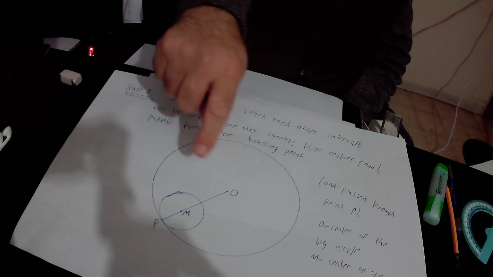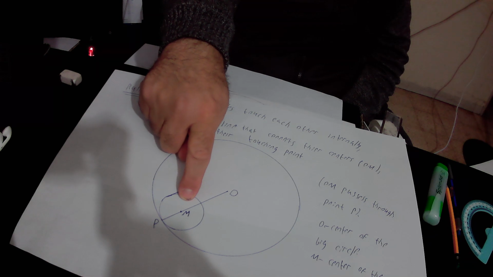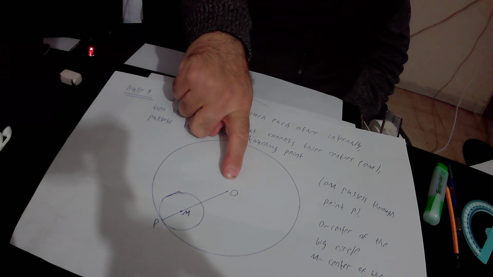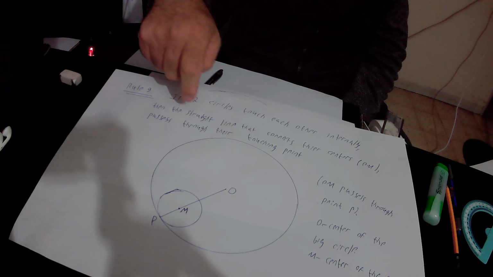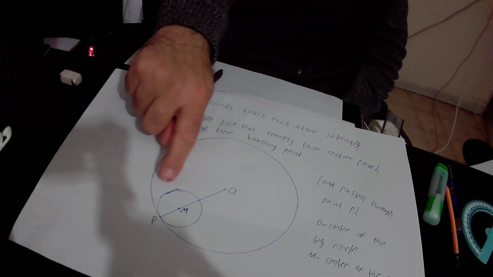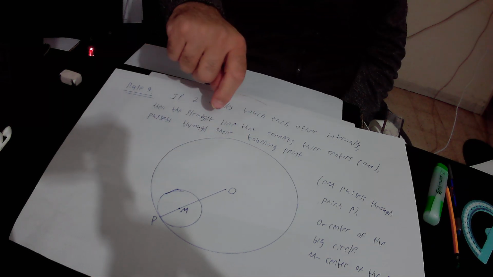The center of the big circle is here at point O, the center of the small circle is here at point M, and the straight line that connects their centers together is the straight line OM. According to rule number 9, the straight line OM passes through point P. That is to say, OMP is one straight line.